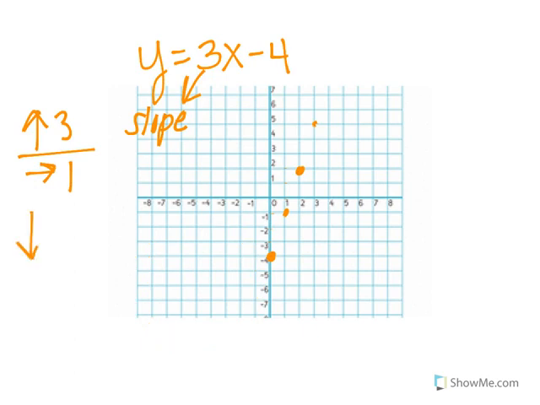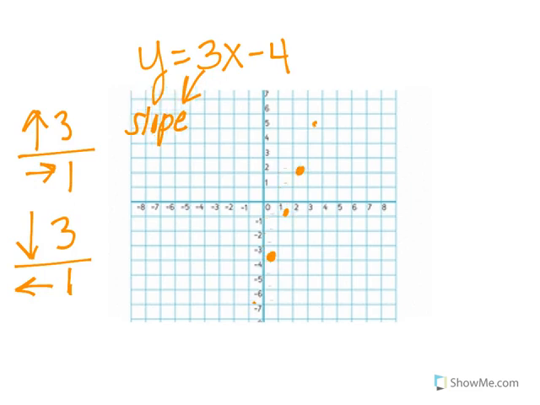So I would go down 3, and then left 1. So from the point on the y-intercept, I'd go 1, 2, 3, and over 1. So then I would draw a line through all that.